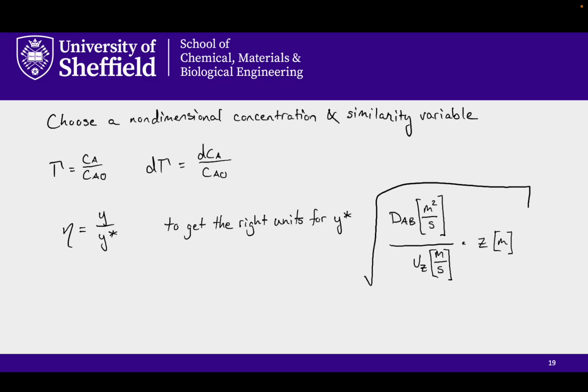All right. And of course, because this has units of meters squared, we need to take the square root of this quantity to get the right units. So we've defined eta as y over the square root of 4 times the diffusivity constant times z divided by the velocity of z, and that's a function of y.